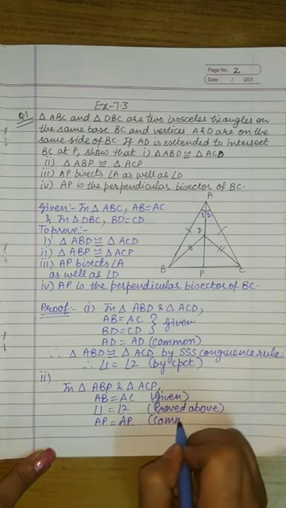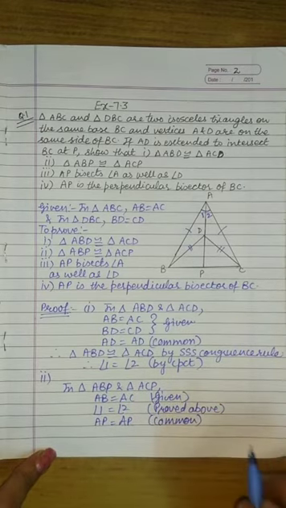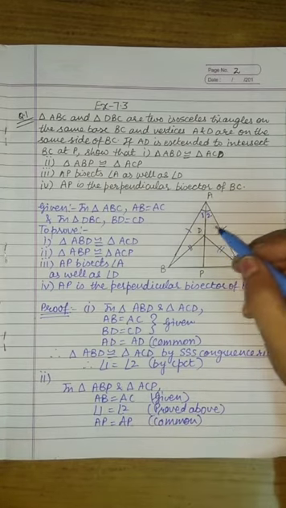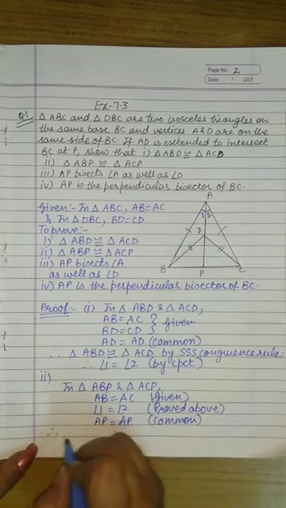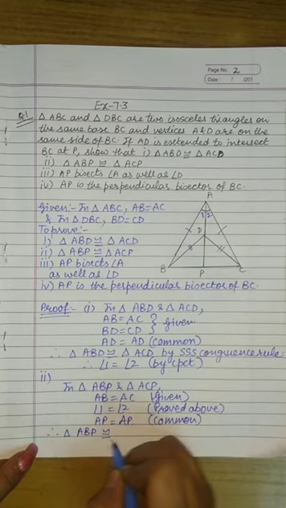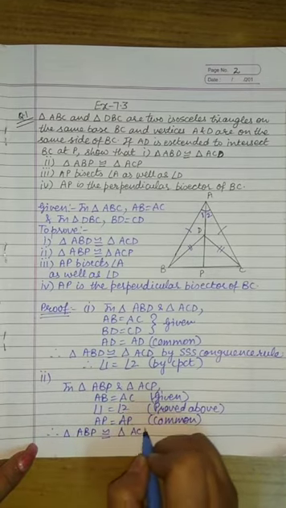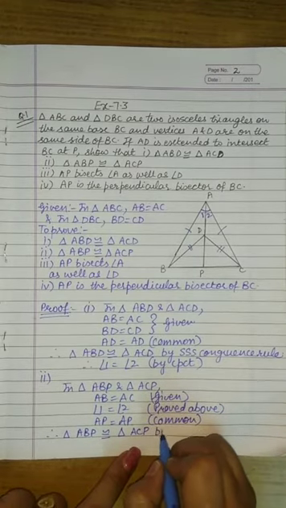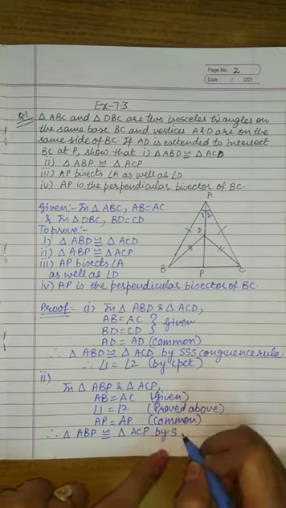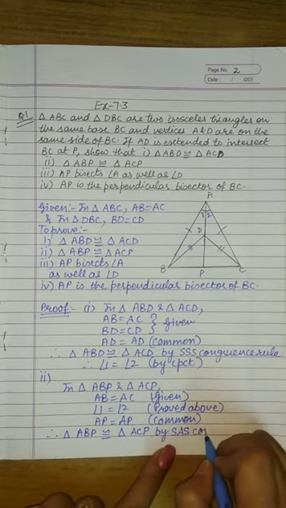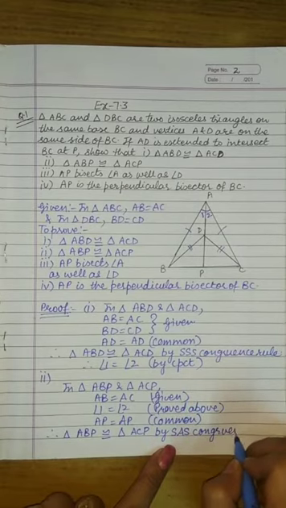So we have used here which congruence criterion or rule? That is side, angle, side. So we will write therefore triangle ABP is congruent to triangle ACP by side, angle, side congruence rule.